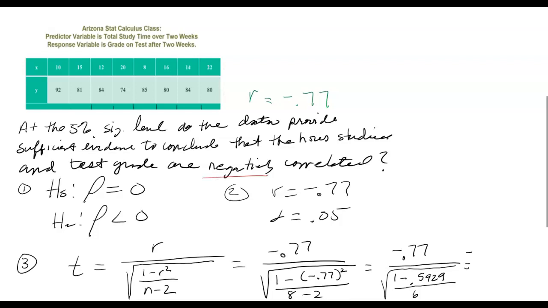So we have negative 0.77 over. So I got 0.4071 divided by 6, 0.06785. Take the square root of that.